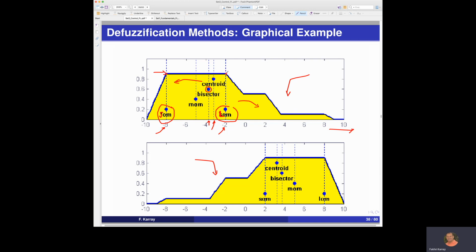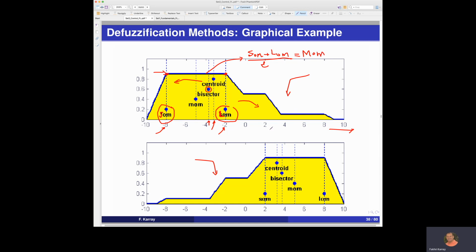We take this particular interval where the function reaches its maximum value, and then we use SOM plus LOM, the largest of maxima, divided by 2. So that's MOM. This MOM is no other than that particular location.